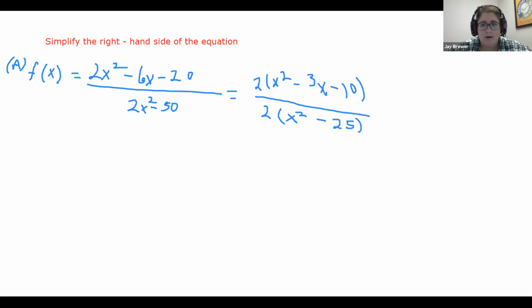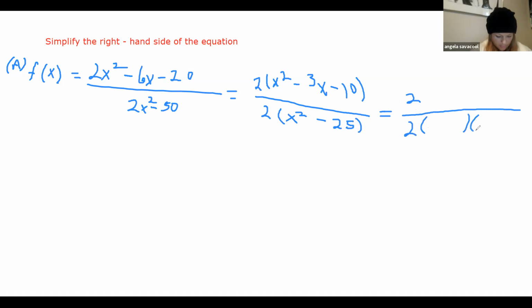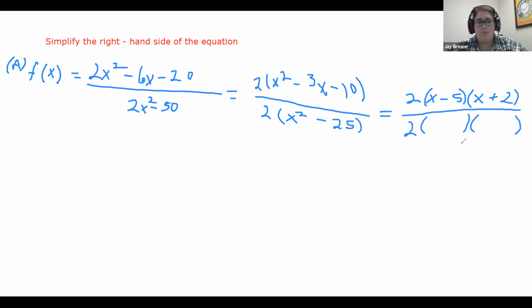What else can we pull out? I guess a better term is, what else can we factor? An x minus 5 and an x plus 2 for the top one. Yes. Okay, anybody get the bottom?